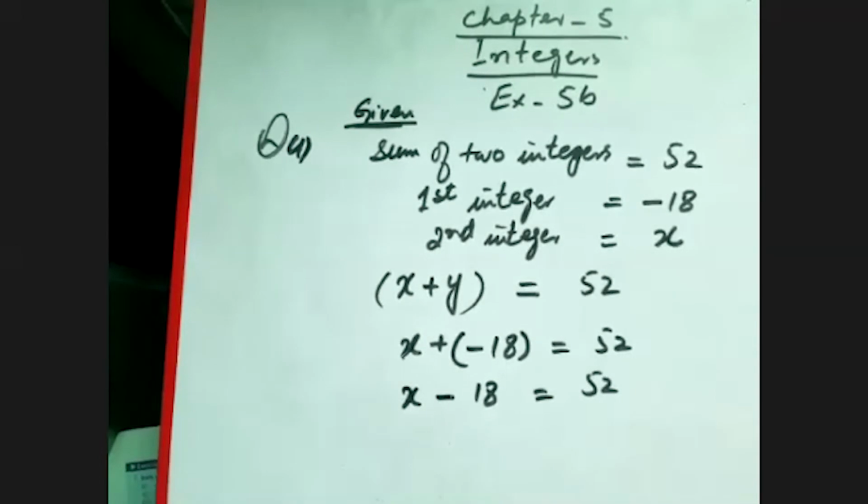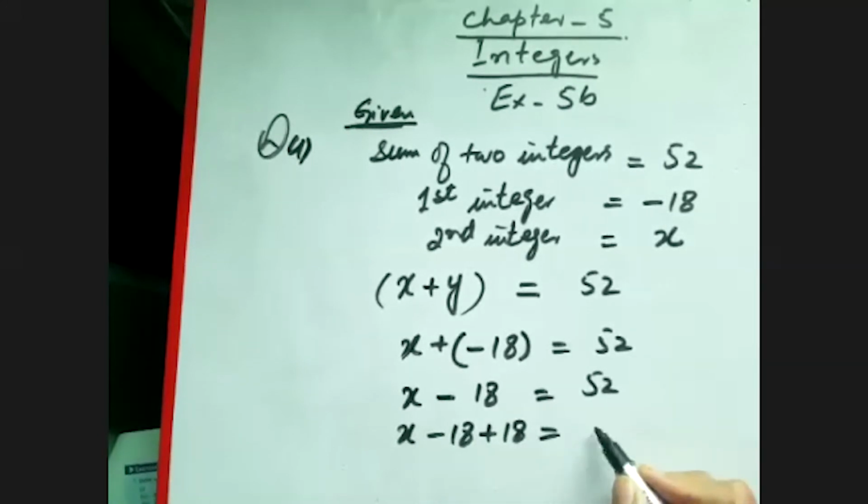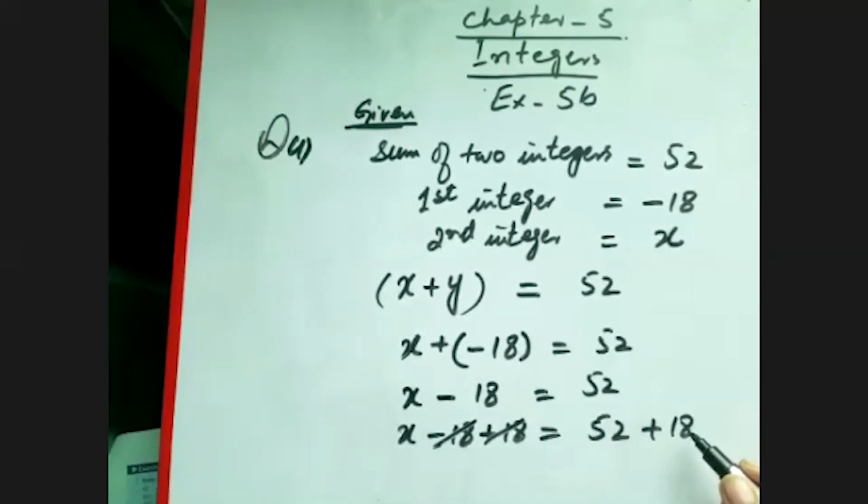Now move minus 18 towards the right hand side by adding plus 18, the same quantity, to bring it to the right hand side. So minus 18 plus 18 gives you 0. It means you bring the number towards the right hand side with the opposite sign.